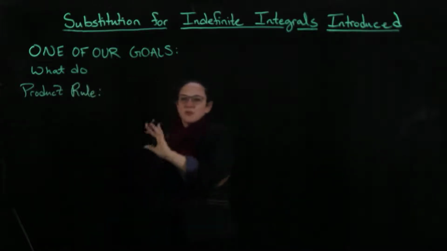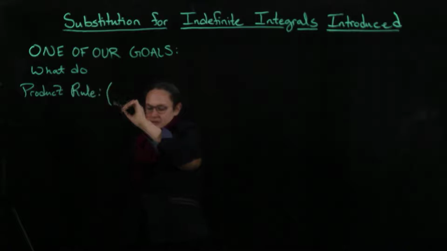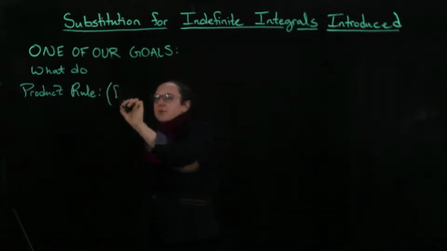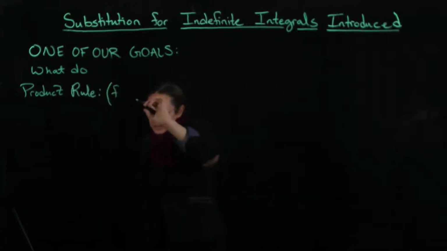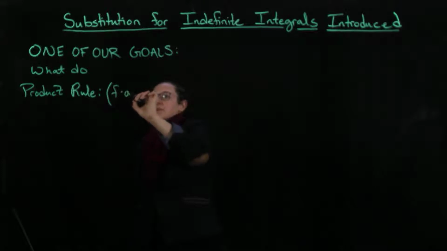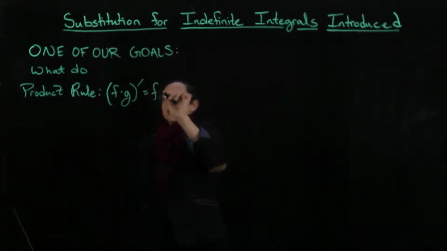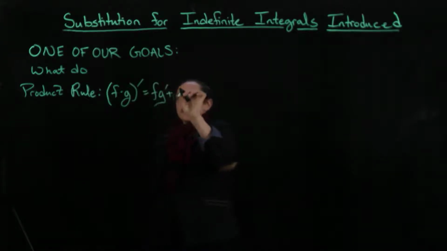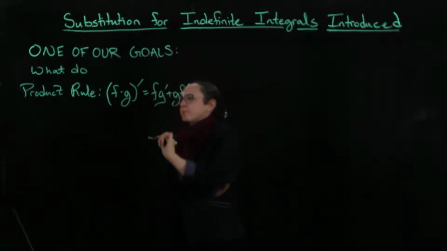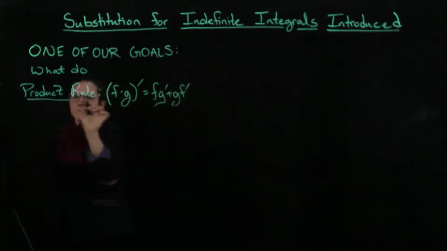Okay, and I'm going to do this in terms of prime notation here. You should understand things both in terms of prime notation and the d/dx type notation. So F times G prime, this is a multiplication, not a composition, equals F G prime plus G F prime. So that's the product rule.